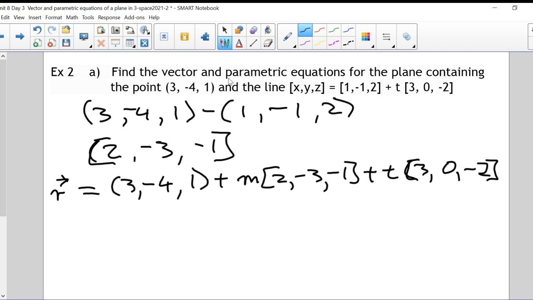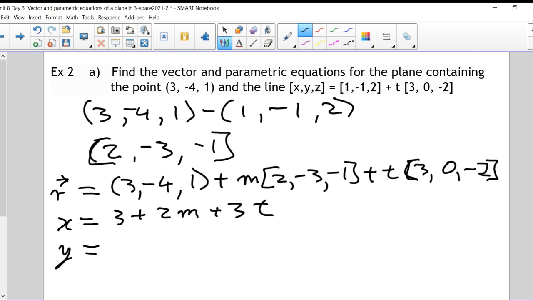Okay, the vector and parametric equations. So we know how the parametric equations look at this point. Our x is equal to 3 plus 2m plus 3t. Let me check that. 3 plus 2m plus 3t, right?